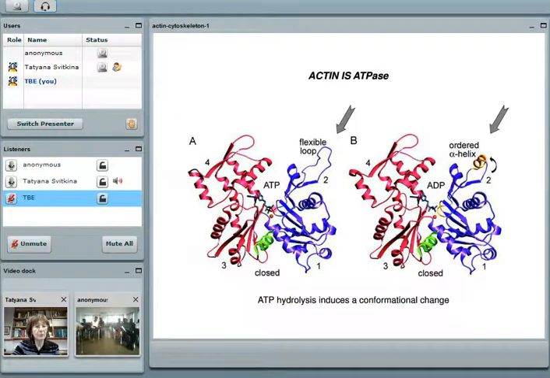And the conformation of the actin monomer bound to ATP versus ADP is different. In particular, you can look at this loop, which exists as a loop in the ATP-bound state, but converts into an alpha helix when the monomer is bound to ADP.